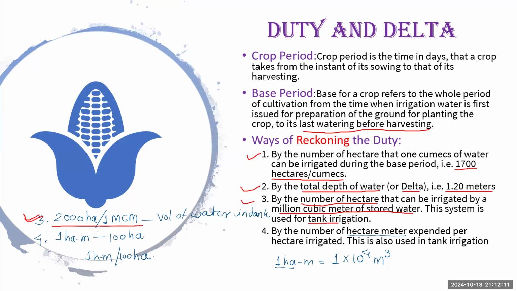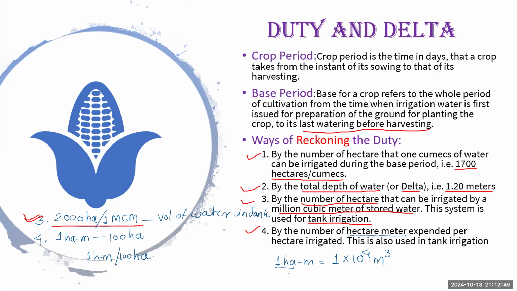If we know the volume of the tank, then we come to know how much duty there will be. Then the fourth way of reckoning the duty is by the number of hectare meter expended per hectare of irrigated area. Now, what is the meaning of this? Consider 1 hectare meter volume of water.